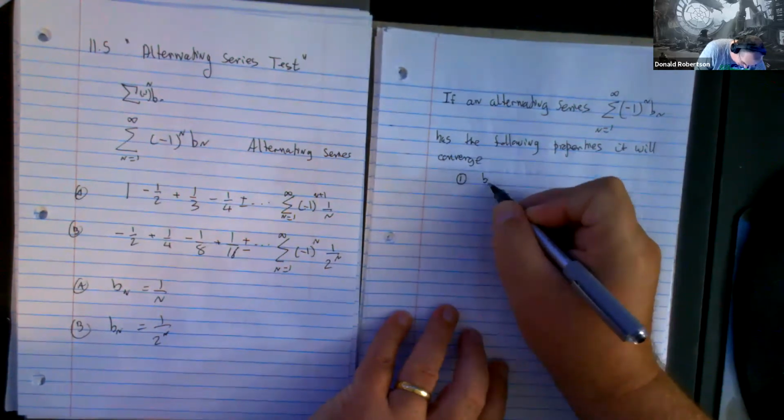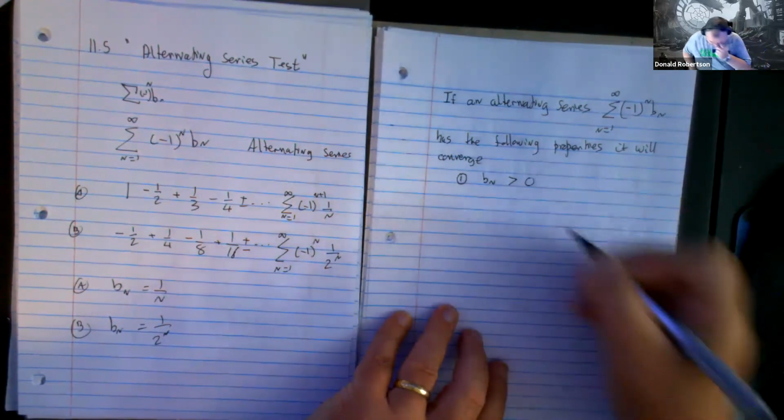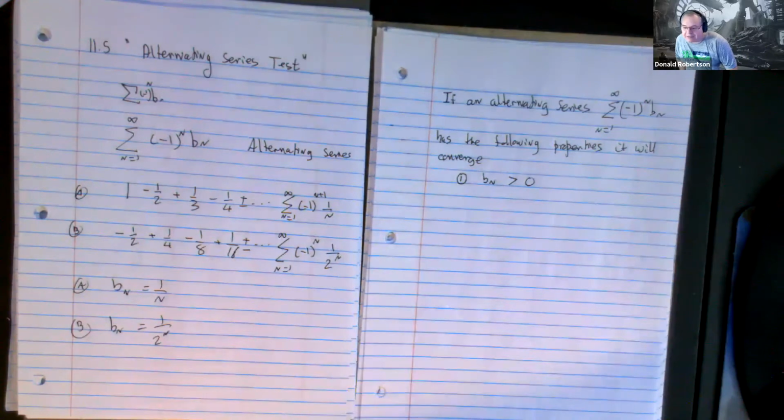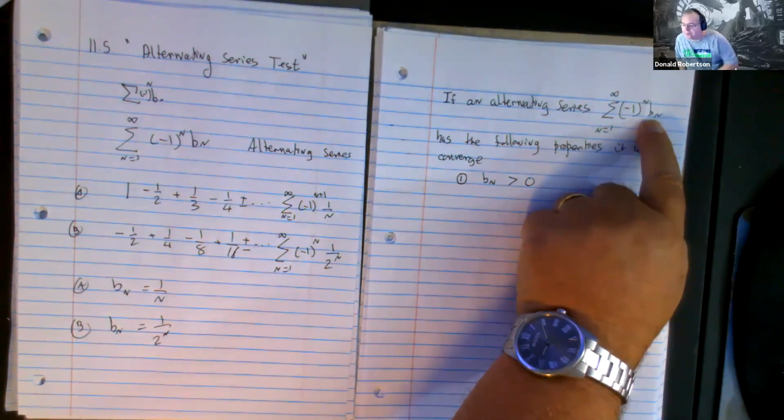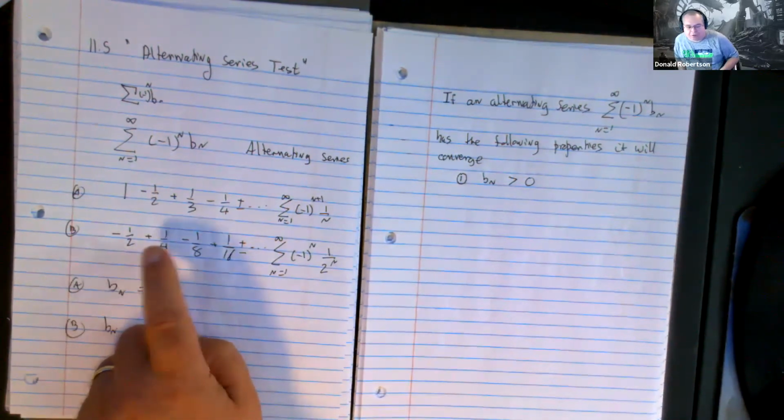The Bns must always be positive. Because if the Bns are negative, won't that destroy the plus minus pattern? A pure alternating series must always go plus minus plus minus. If you made some of these terms negative, wouldn't it cancel out with a negative that's there and change it in some way? So that's not allowed.